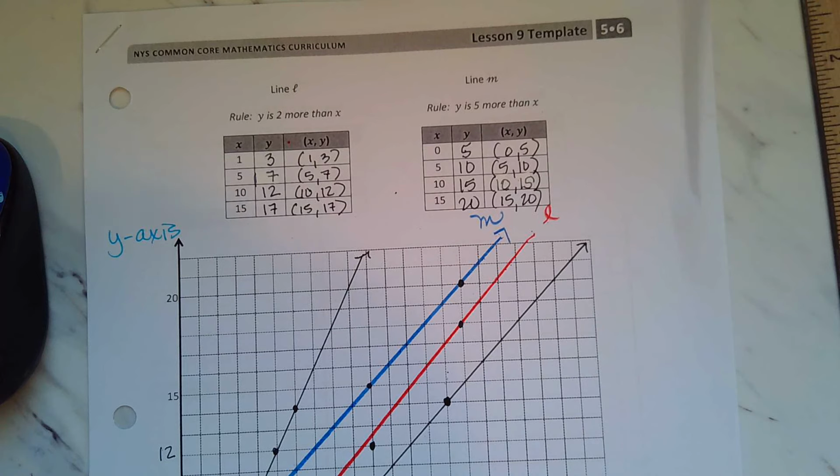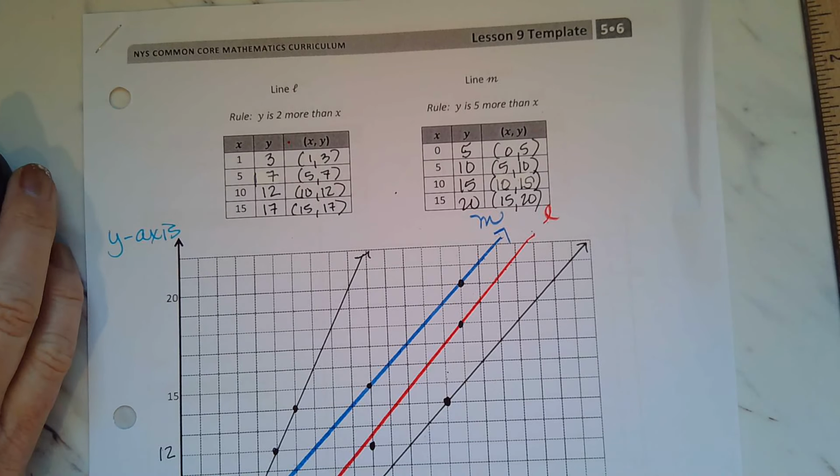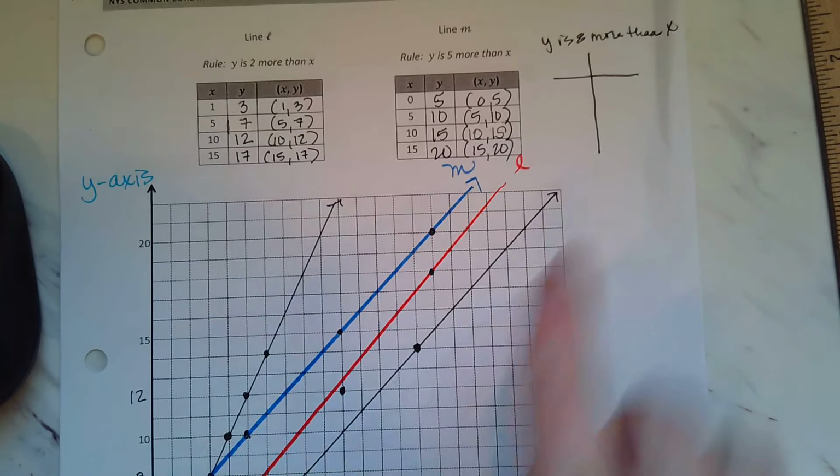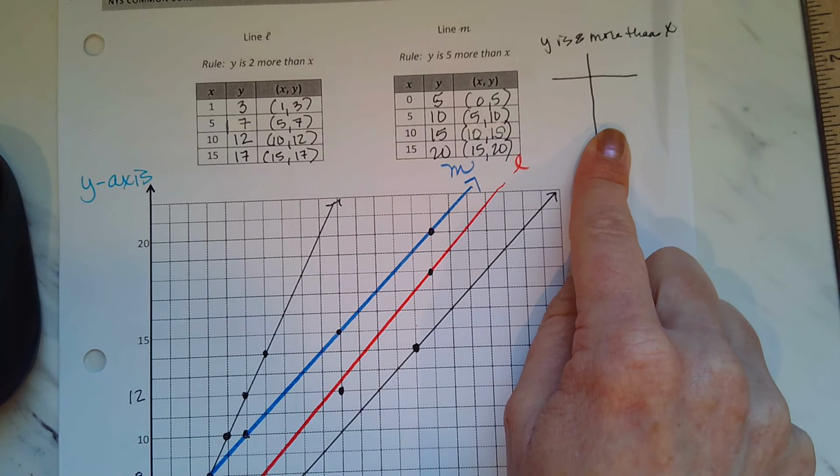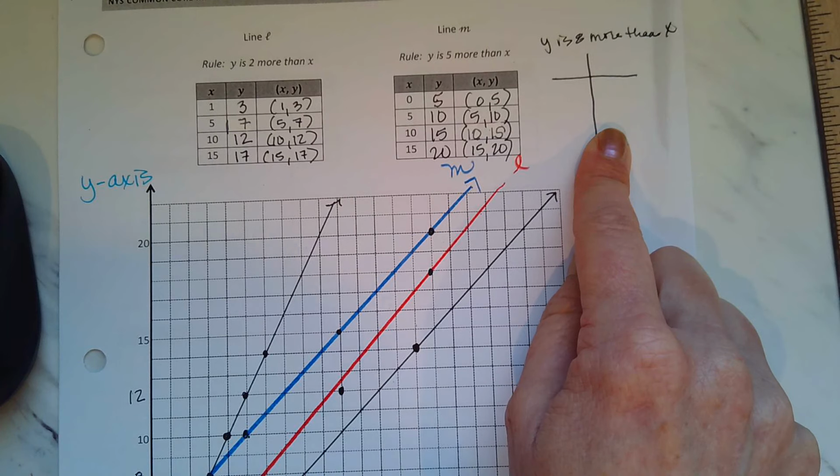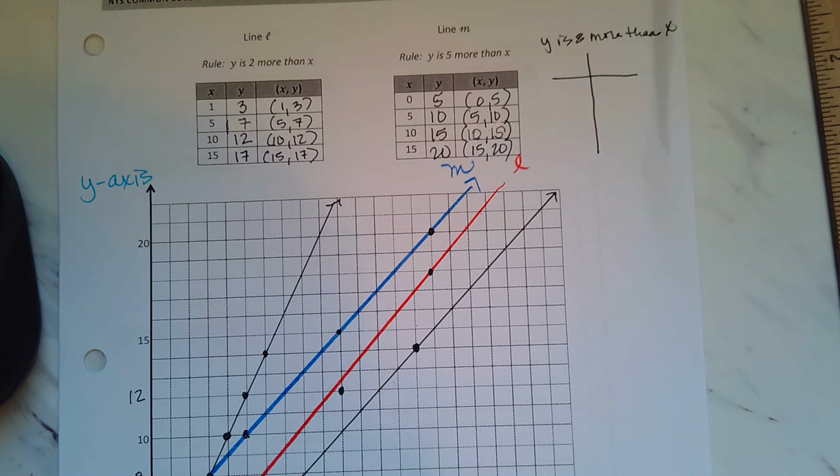Yes? All right. So what if y is 8 more than x? Think about that for a second. So y is 8 more than x. Well, what do you notice? Well, it's another addition rule.